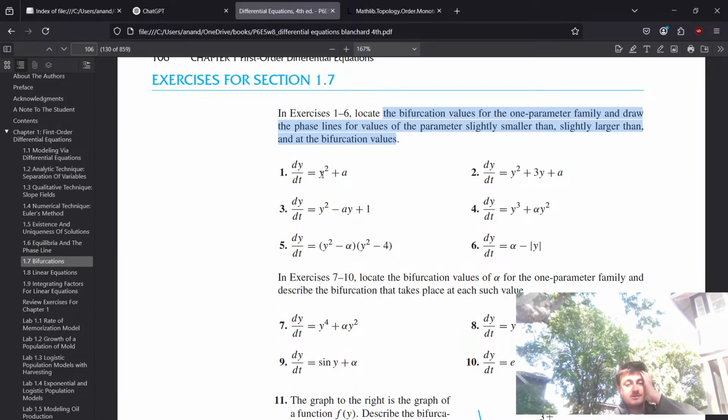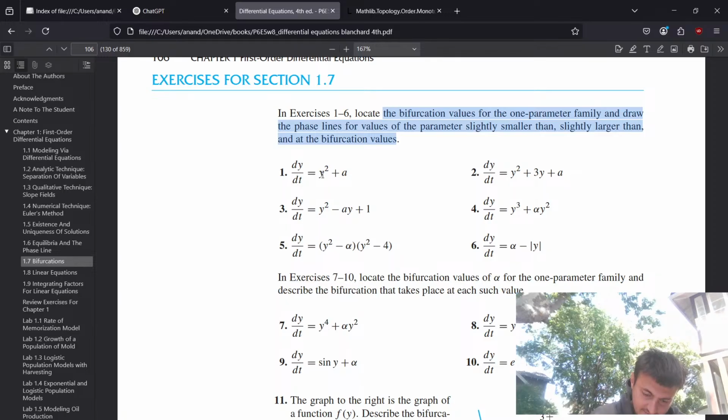But the main thing is that if we take this f prime of y, we're going to get 2y. And 2 times minus 1 is less than 0. So that means that this is going to be a sink. Therefore, sink. So at a equal to minus 1, we have an equilibrium at minus 1, which is going to be a sink. And we could just double check that by testing.